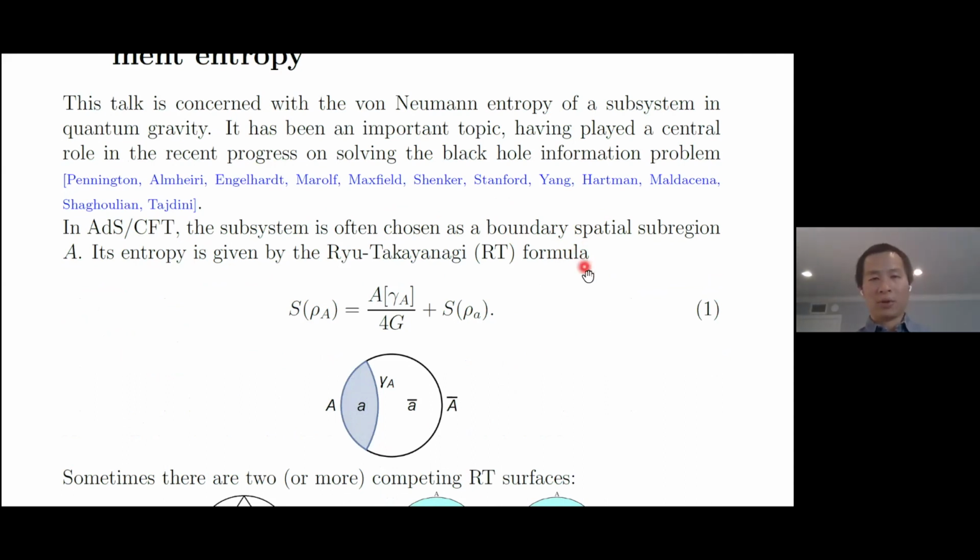and the entropy will then be given by what is known as the Ryu-Takayanagi formula. So I've written down the Ryu-Takayanagi formula here.